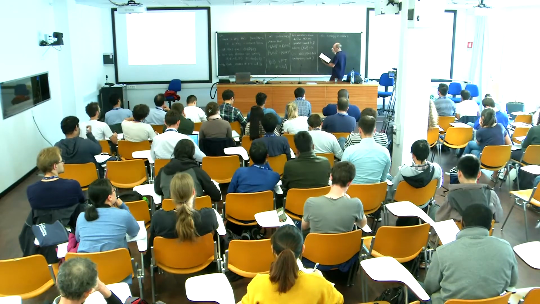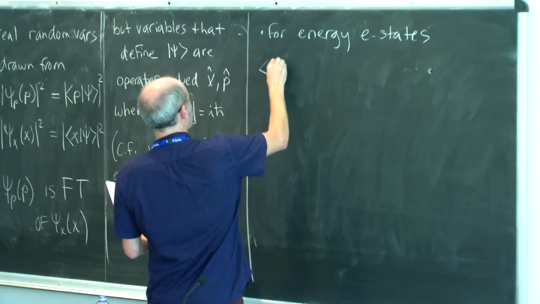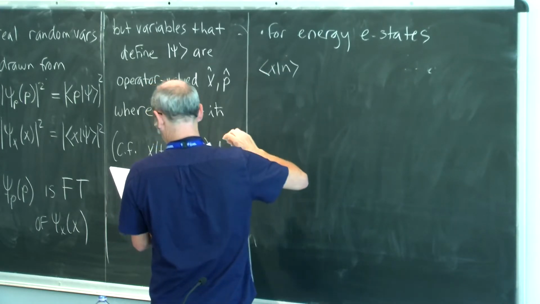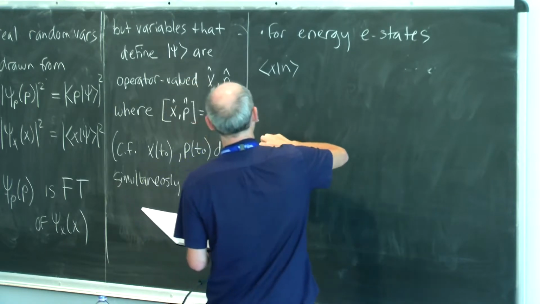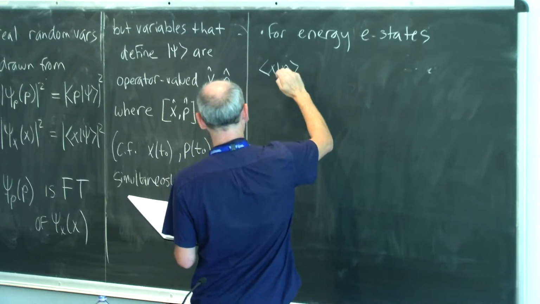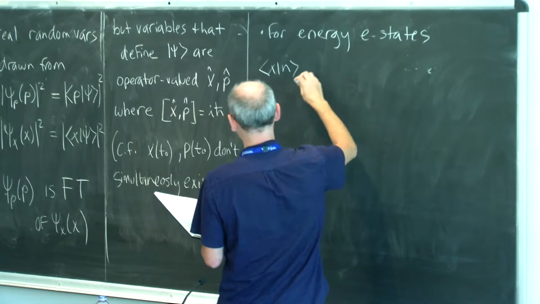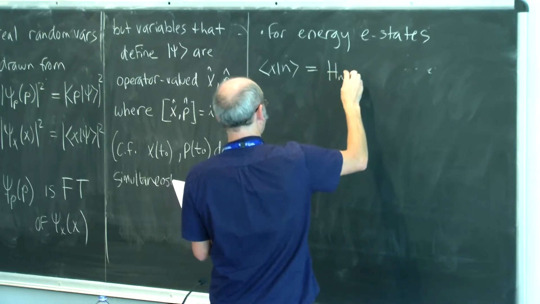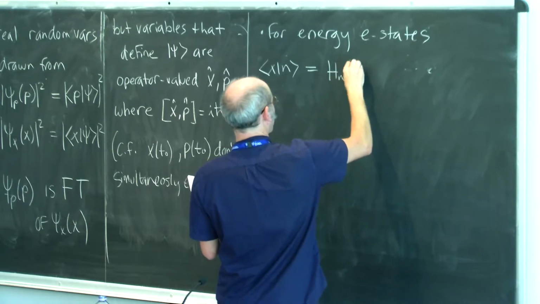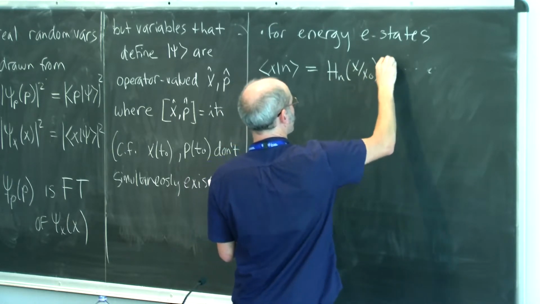the actual distribution from which measurements of the position would be drawn is related to the Gauss-Hermite polynomials, as I mentioned before.